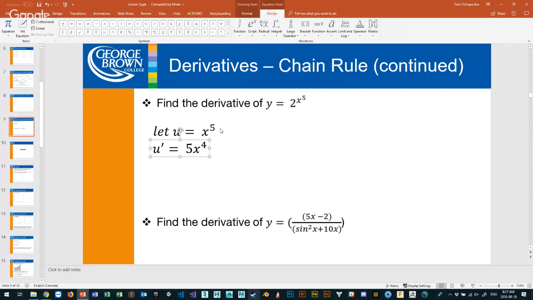So could I say that y prime then is equal to, okay, so how do you do this now? Like what the heck? Which is the outer function? What's the inner function? The outer function out of 5.